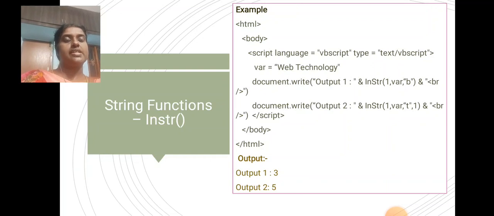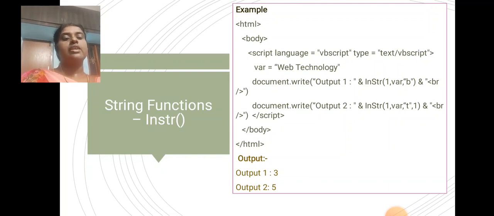Here I am passing 3 arguments: 1, var, b. 1 represents from where you would like to begin your search. Var is the variable in which you are going to search for characters or patterns. Here I am going to search for the single character b, whether b is present in the variable or not.